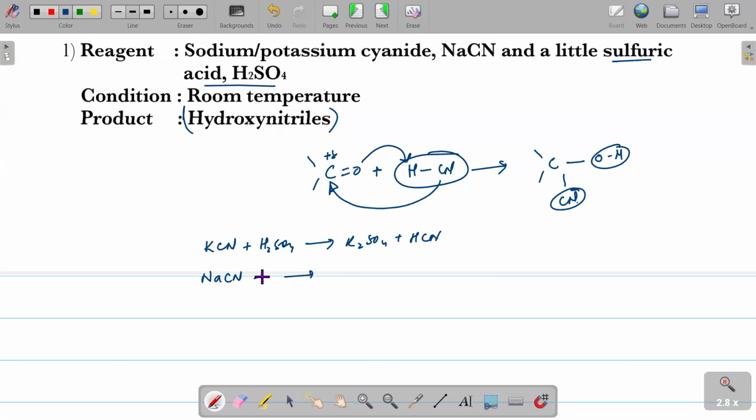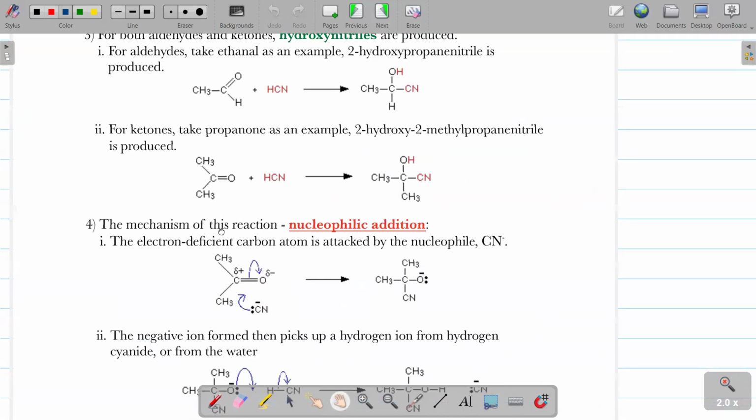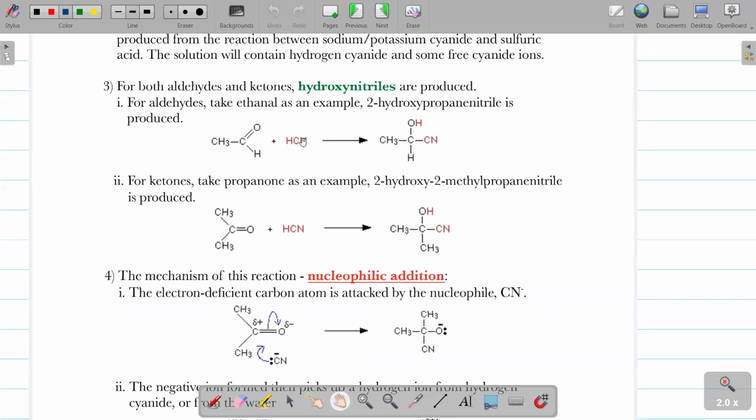Here we will get sodium sulfate and HCN. Is it clear? So the nucleophilic addition reaction will give us hydroxynitriles. You can see the CN group goes to the carbon and oxygen takes the hydrogen from it.